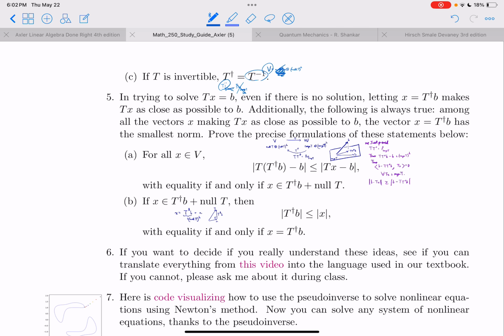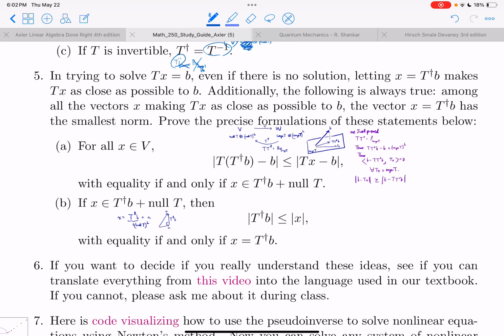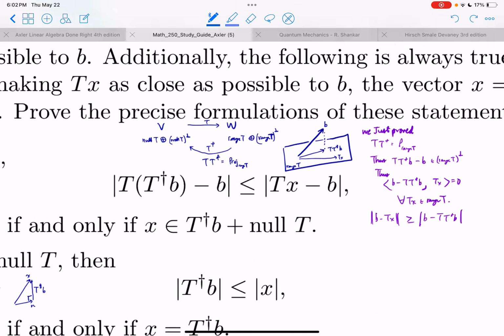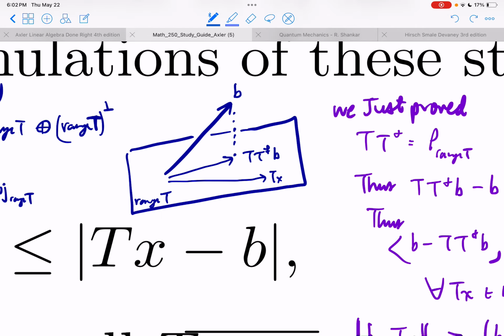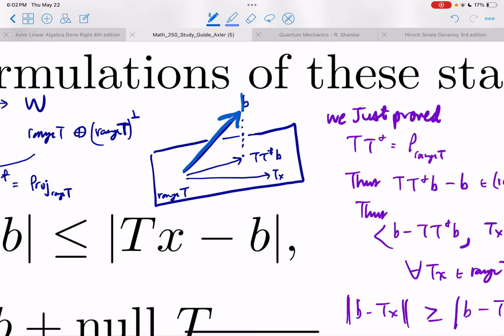Now, what is this part? Okay, so you should read number 5. Pause the video and just read this part here, at least. In other words, say we have some data vector b over here in our big space capital W, and we're trying to get to it by Tx equals b.